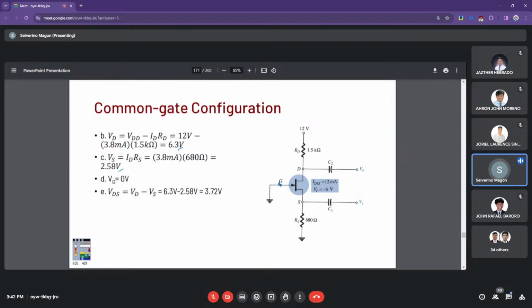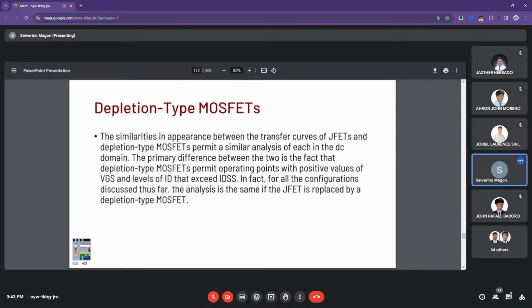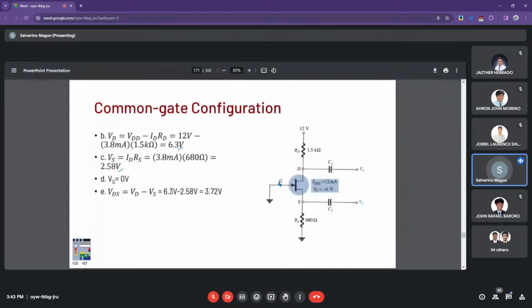Using the same ID value, we can solve for the VS at 2.58. Again, gate is connected to the ground, so it has a zero potential. And VDS is the difference between the VD and VS. Hence, we have the voltage across these pins at 3.72. And that's it, no?